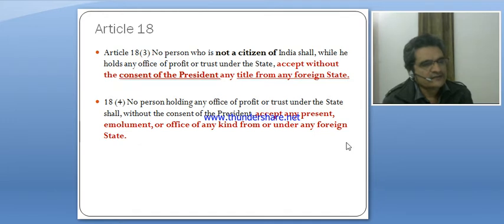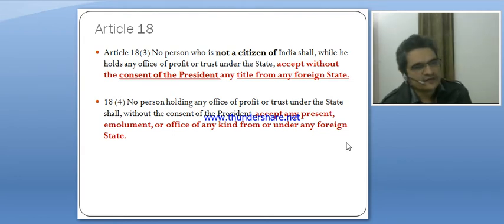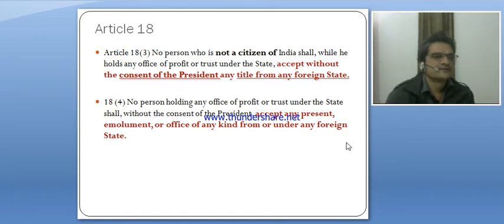And it also says that any person, citizen or non-citizen, cannot, without the consent of the President, take any emolument or any gift from any foreign state if that person holds an office of profit. The intention here is that a person is not influenced by foreign powers while holding an office of profit in this country.